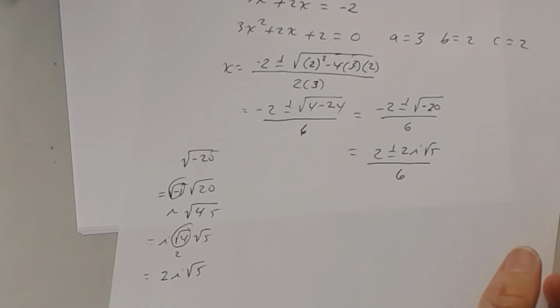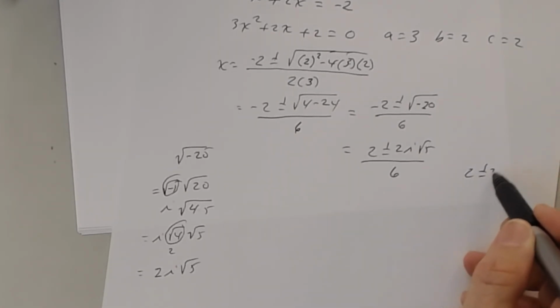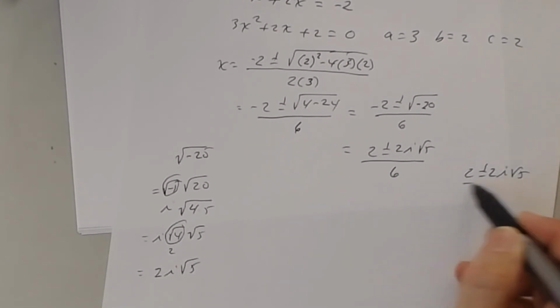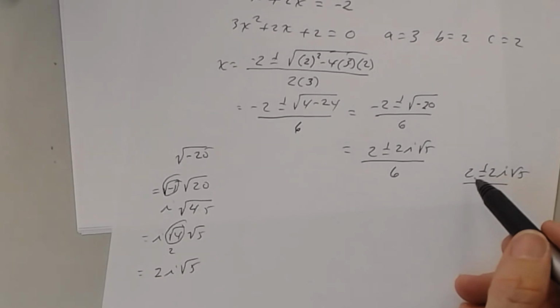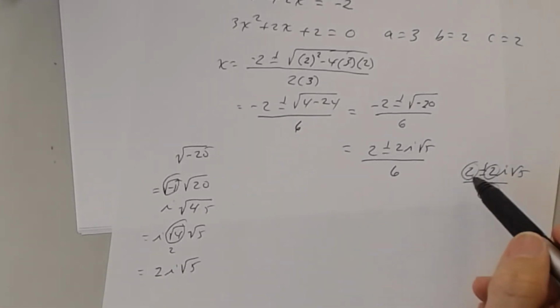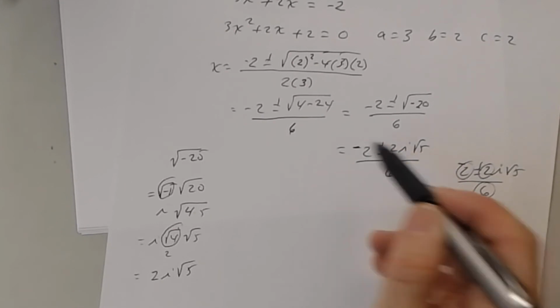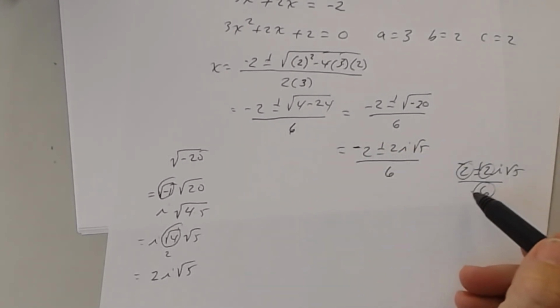Am I done? No. Because if I look at negative 2 plus or minus 2i square root of 5 divided by 6, and I circle what I told you to keep circling when I get to this point, what do you notice about those three things I have circled? They're all divisible by 2.